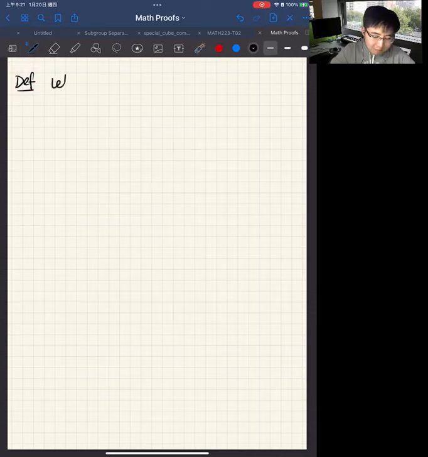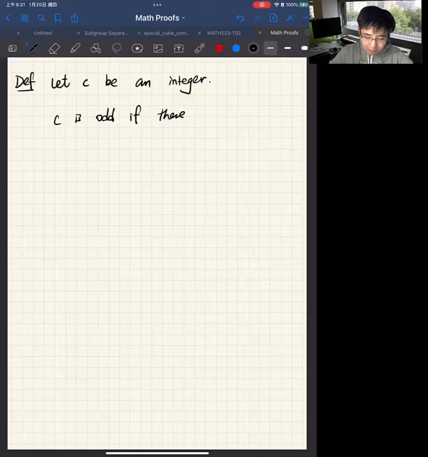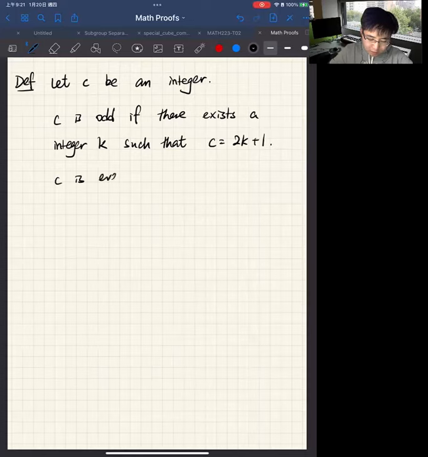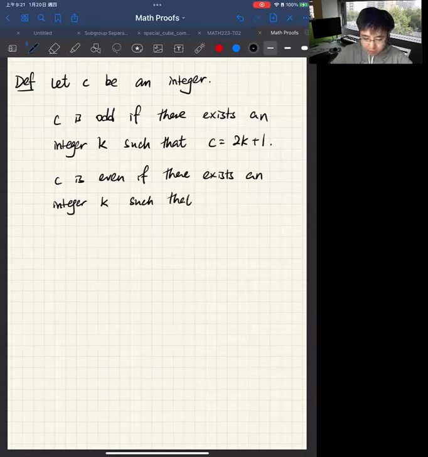Let c be an integer. c is odd if there exists an integer k such that c equals 2k plus 1. c is even if there exists an integer, probably also k, such that c equals 2k.